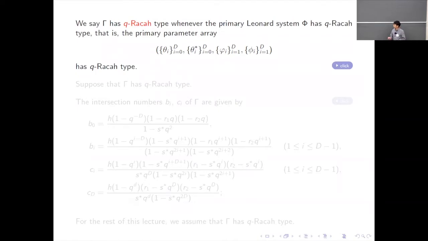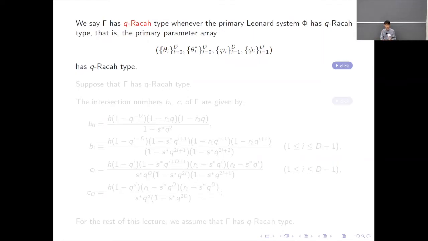Now we say our Q-polynomial distance-regular graph gamma has q-Racah type whenever the primary Leonard system phi has q-Racah type. In other words, the corresponding parameter array, the primary parameter array, has q-Racah type. Actually, I showed earlier the q-Racah type in terms of the parameters s star, r1, r2, etc. And we also saw that when we have a parameter array, then we can describe all intersection numbers in terms of the parameter array.